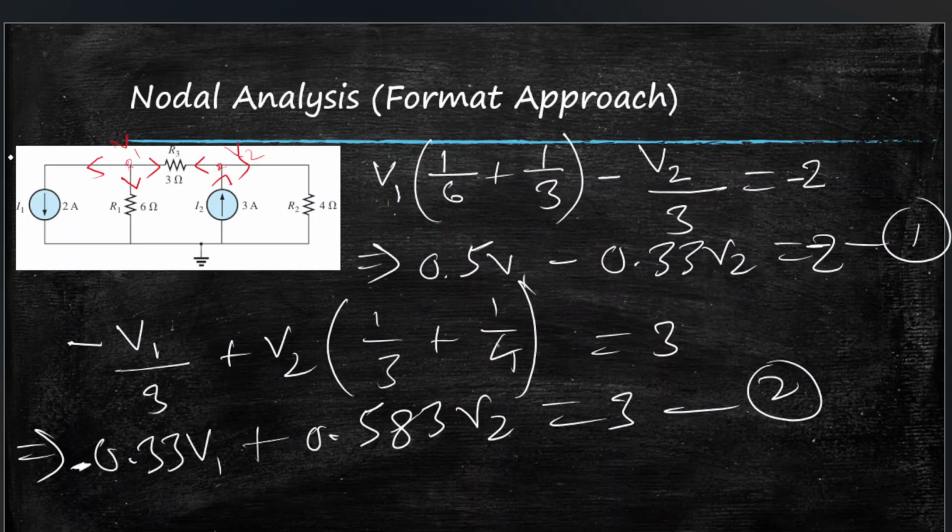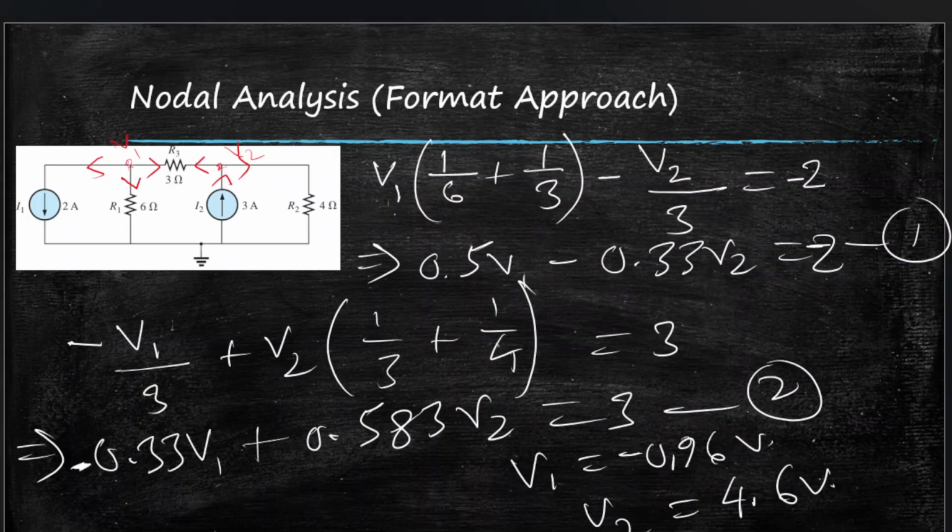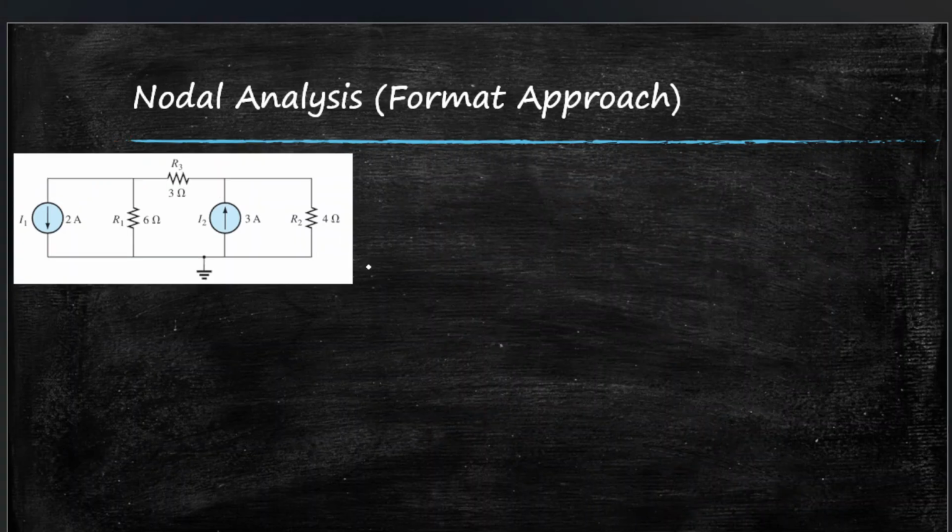Okay, so we have V1 is equal to minus 0.96 volts, and V2 is equal to 4.6 volts. That's our answer here. Let's move on to the next question.